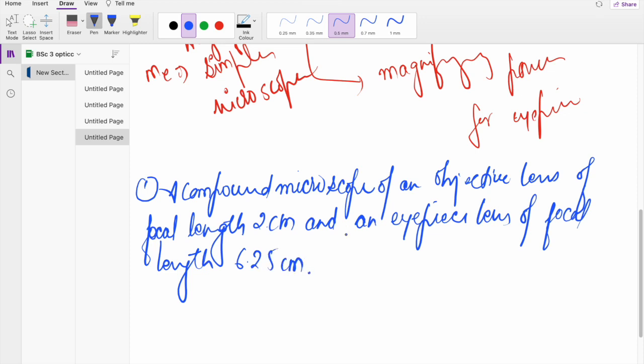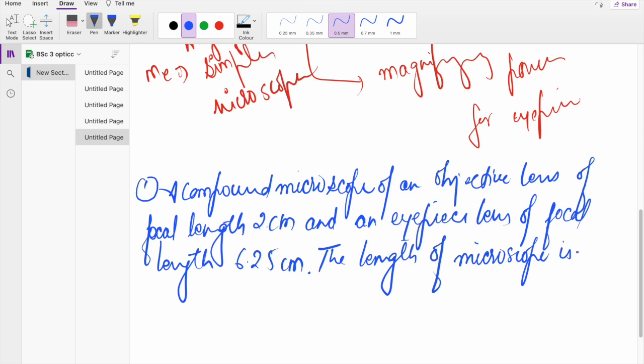Another thing, the length of the microscope is 15 centimeter.